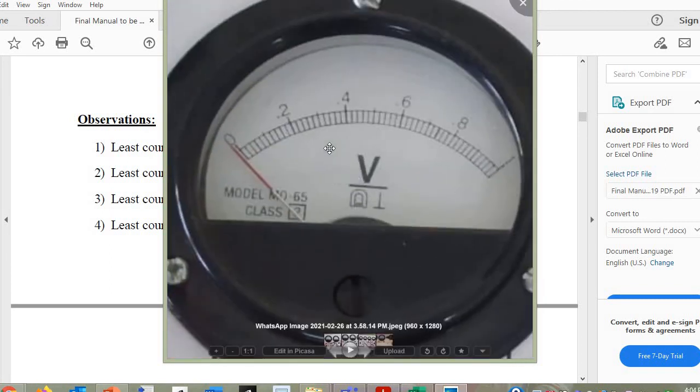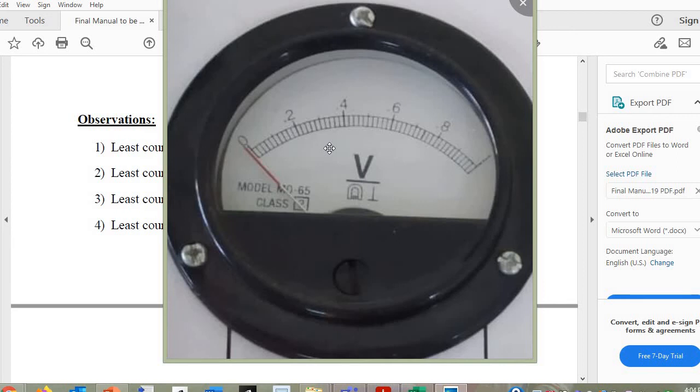Okay, like I have said, you have a ruler with you, or a watch in your hand, or on the wall there will be a clock. So what is the least count of the watch or clock that you can detect? What is the least count with respect to any kind of clock?